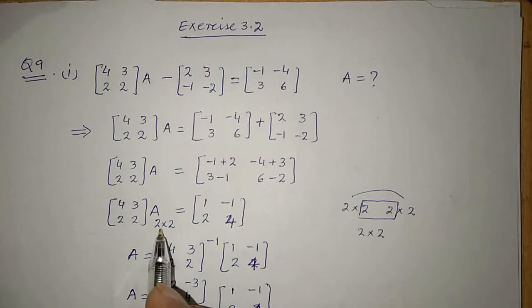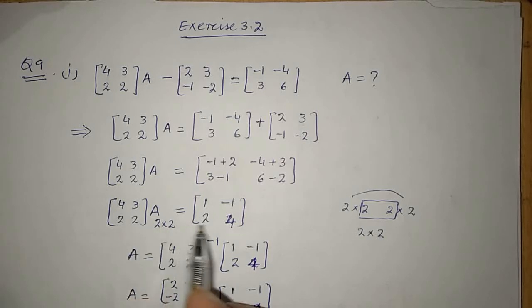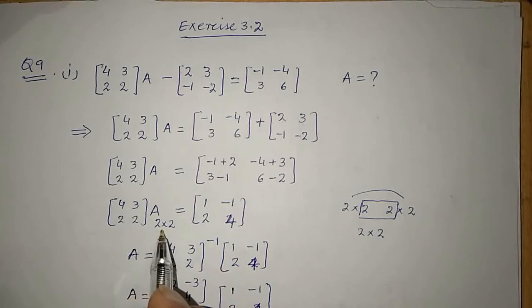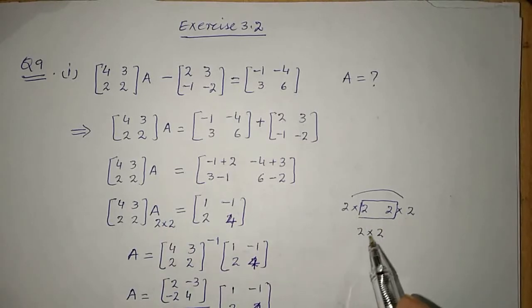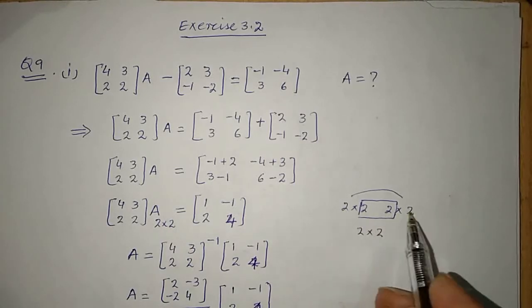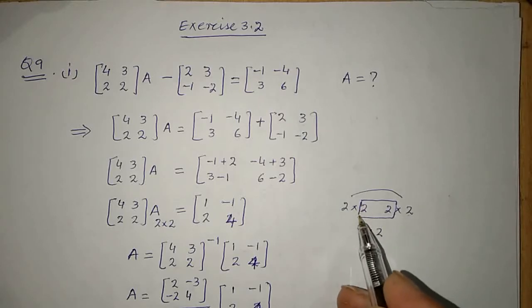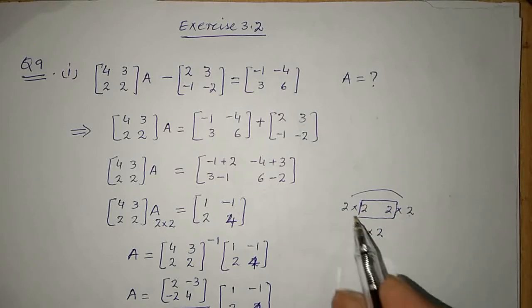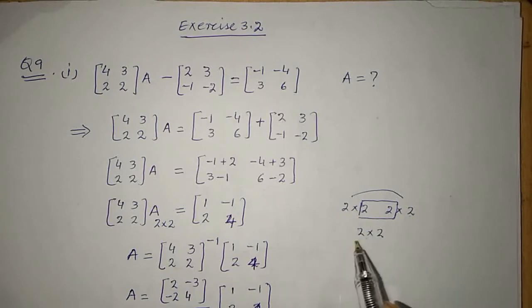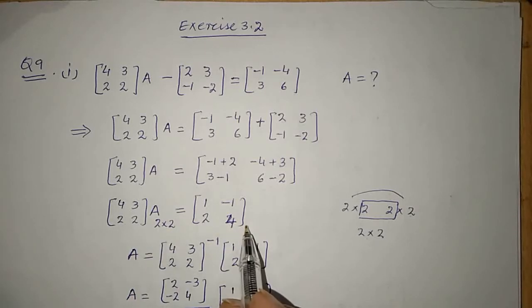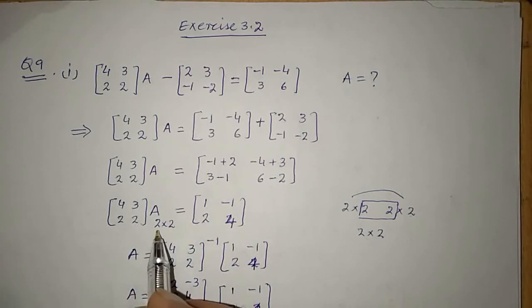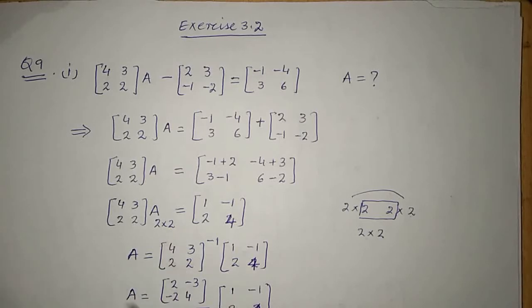So A will also be 2 by 2, because 2 by 2 multiplied with 2 by 2, the resultant will be 2 by 2, because the middle entries will be removed. So the resultant is 2 by 2 of this matrix and A, which is this one, 2 by 2. So matrix A must be a 2 by 2 matrix.